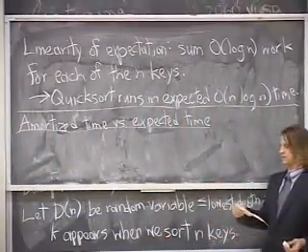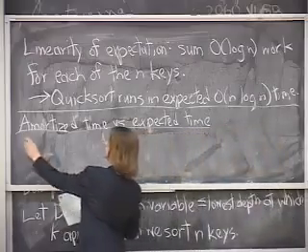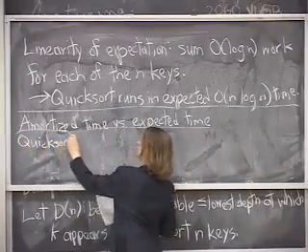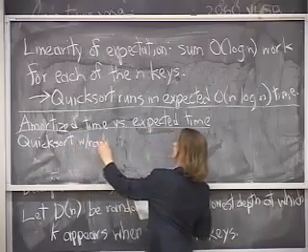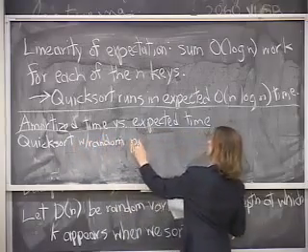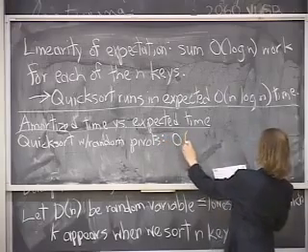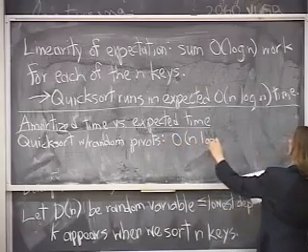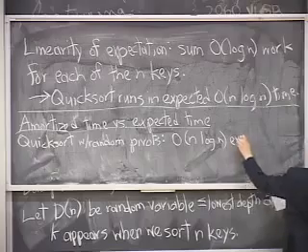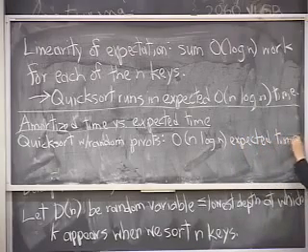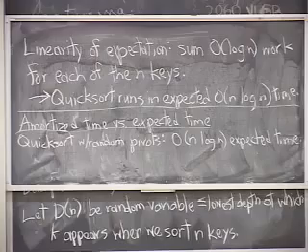So quicksort is randomized because it uses random pivots. And quicksort with random pivots takes big O of n log n expected time, as I've just proven.